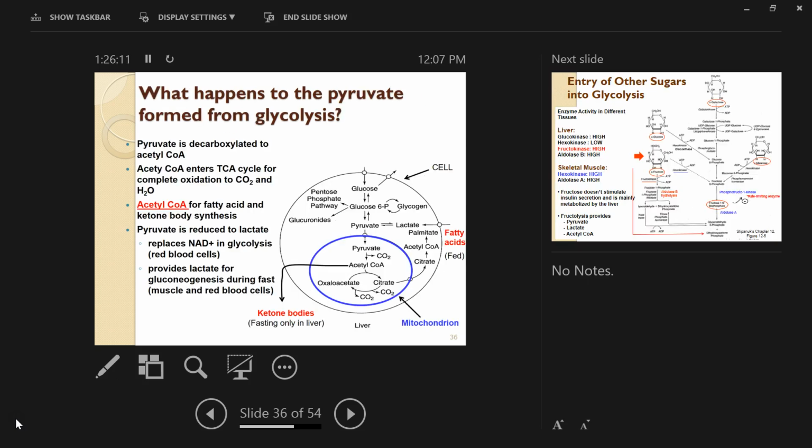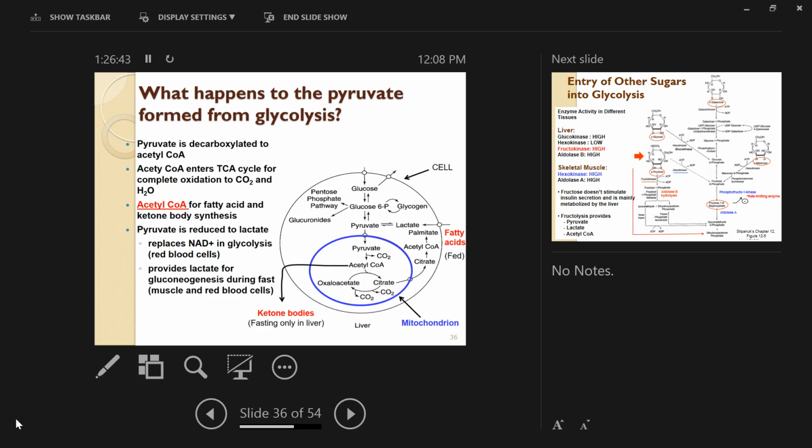Okay, so let's see what happens to pyruvate formed from glycolysis. I think we talked about this already, right? The pyruvate is the final product of glycolysis in the aerobic conditions, and this pyruvate will be further oxidized. That requires the mitochondria, right? And also requires oxygen.